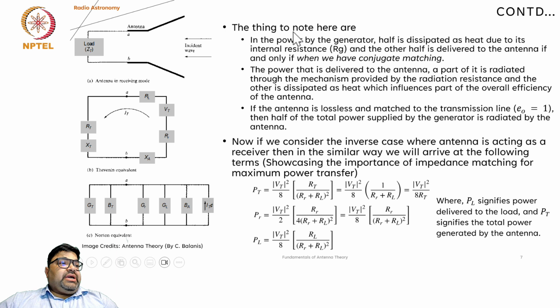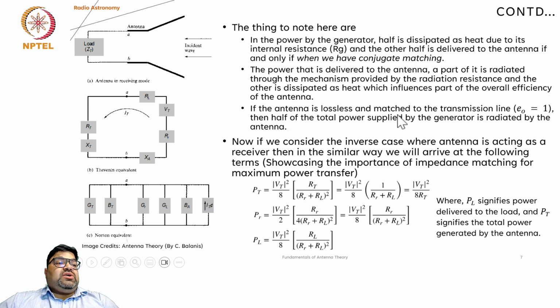Thing to note here is that of the power supplied by the generator, half is dissipated as heat due to its internal resistance, and the other half is delivered to the antenna if and only if we have a conjugate matching. The power that is delivered to the antenna, a part of that is radiated through the mechanism provided by radiation resistance, and the other is dissipated as heat, which influences part of the overall efficiency of the antenna.